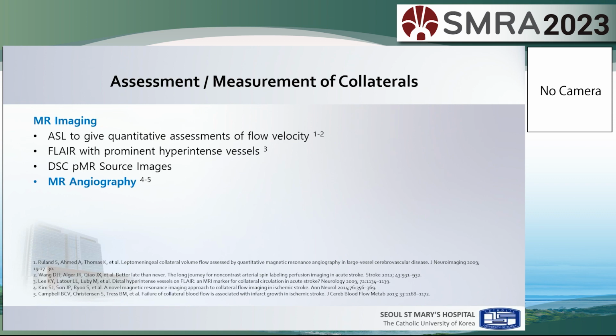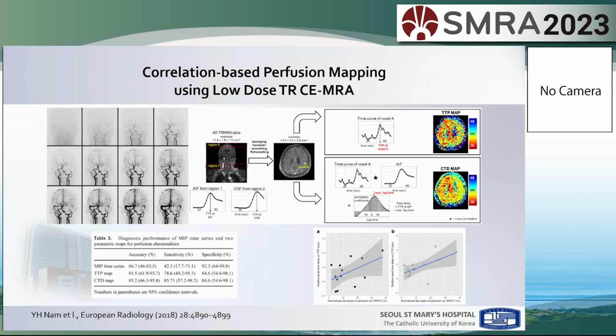But we can make a collateral imaging from the MR angiography as well, I believe. And our team also tried to utilize the low dose time-resolved MR angiography to get the perfusion collateral imaging.